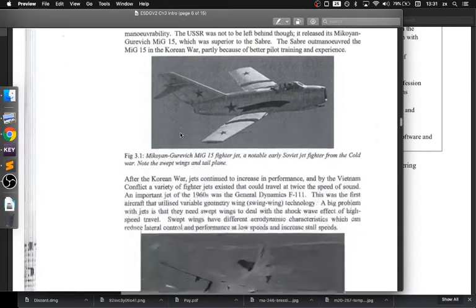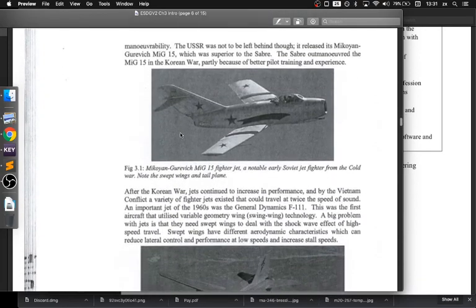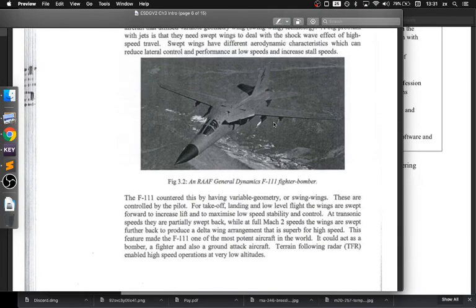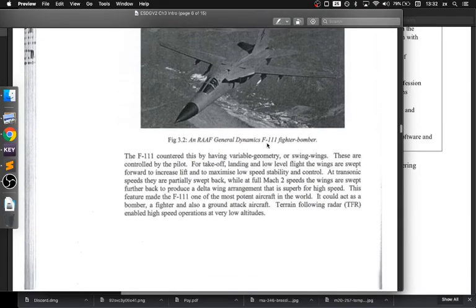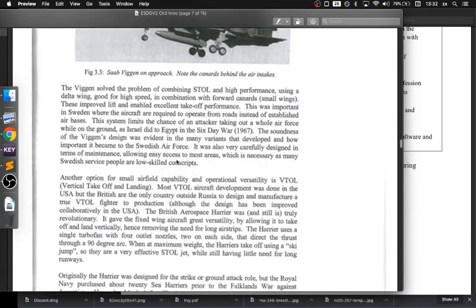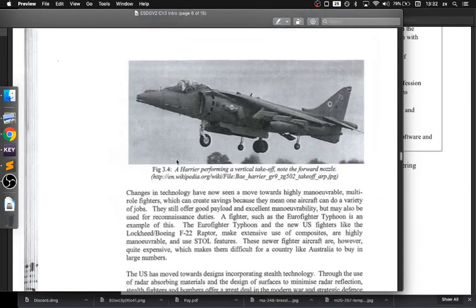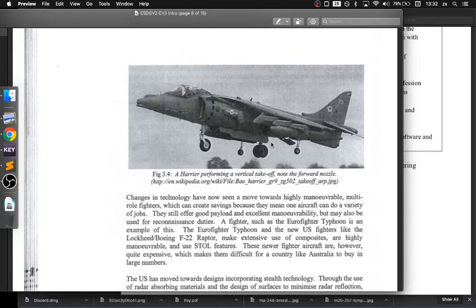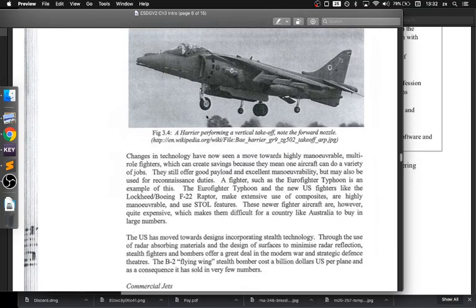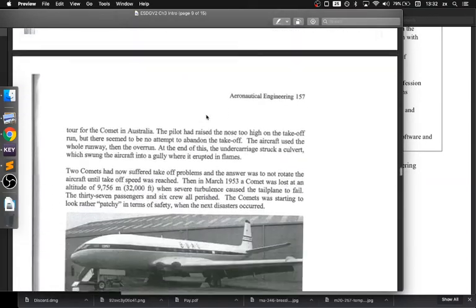From the jet engine, this is where we start seeing some pictures, right? The Gloster Meteor, and then the F-111, which has swing wings, which I thought were the coolest things when I was a kid. We don't really like those anymore. We didn't have canards, these little wings here. They're called canards, which is French for duck, but they're really just little wings. Then we're interested in the Harriers, which have vertical takeoff and landing, so we'll look at all of that later.